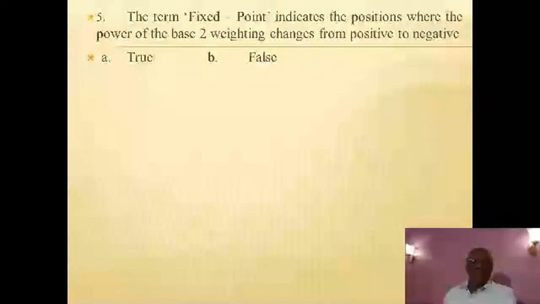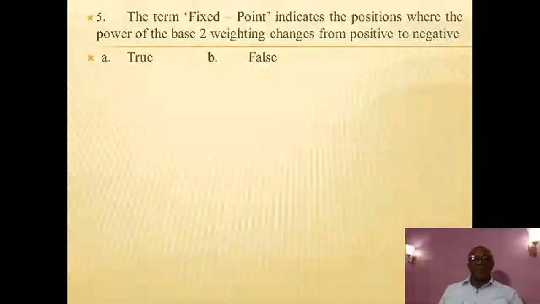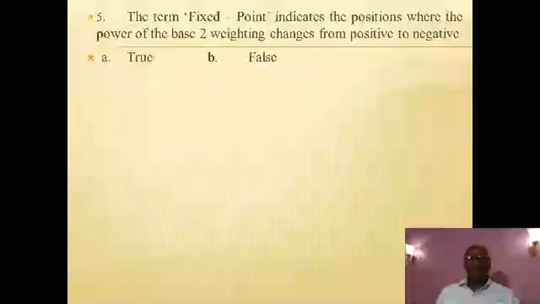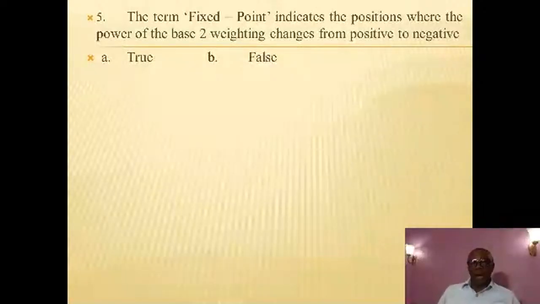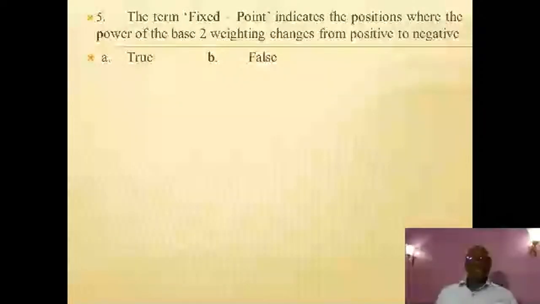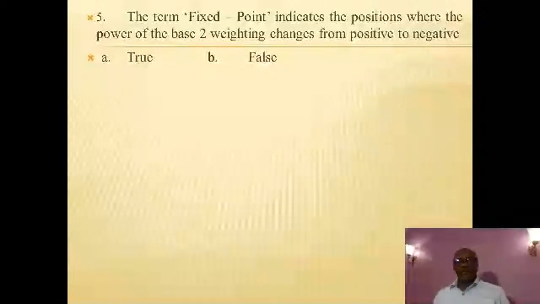Of course, the answer is true, because if you are doing the weightings of a number in base 2, you start with 2 raised to power 0, which gives you 1. Now, if you have a decimal point, it now becomes 2 raised to power minus 1.